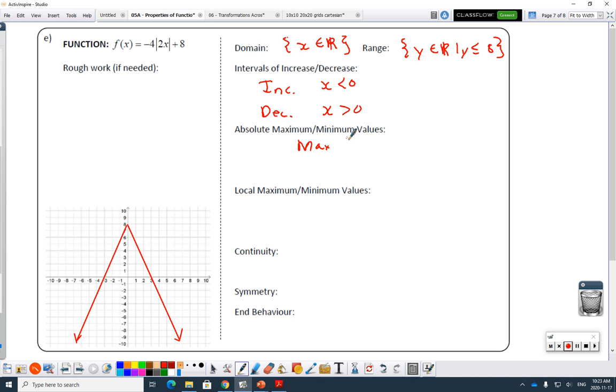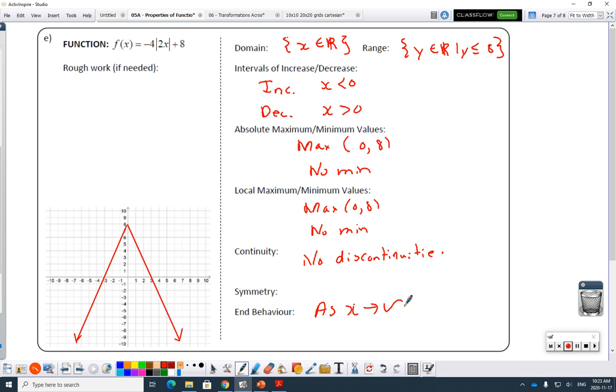We got an absolute max at 0, 8. No min. Same here, max 0, 8. No min. No discontinuities. I'll do the end behavior and I'll wait on the symmetry and give you a chance to think about it.